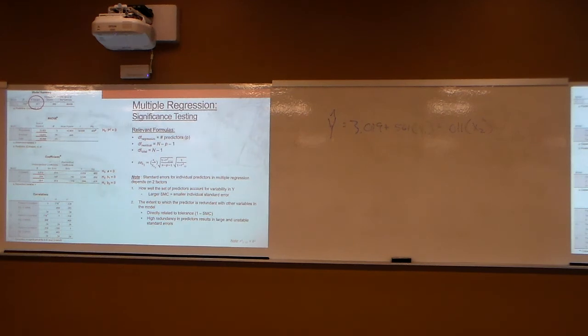But these standard errors are also going to be determined by the extent to which my predictor is redundant with other predictors in the model. This is related to tolerance. We'll talk about that in a moment. But essentially, if I have huge overlap across my predictors, I end up with very, very large and unstable standard errors.